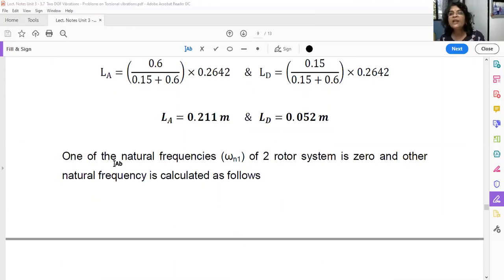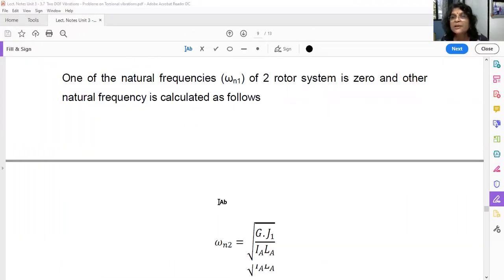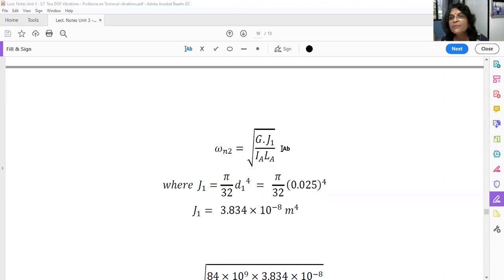Then to find out the natural frequencies, one of the natural frequencies of the two rotor system is 0. The other, how will you find out? Using this formula, G into J1 upon IALA, or you can consider IDLD also. Why have we considered J1? Because we have considered DE is equal to D1.